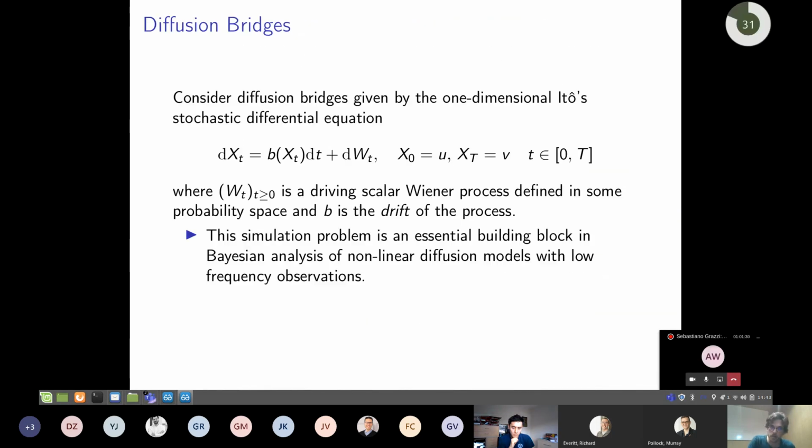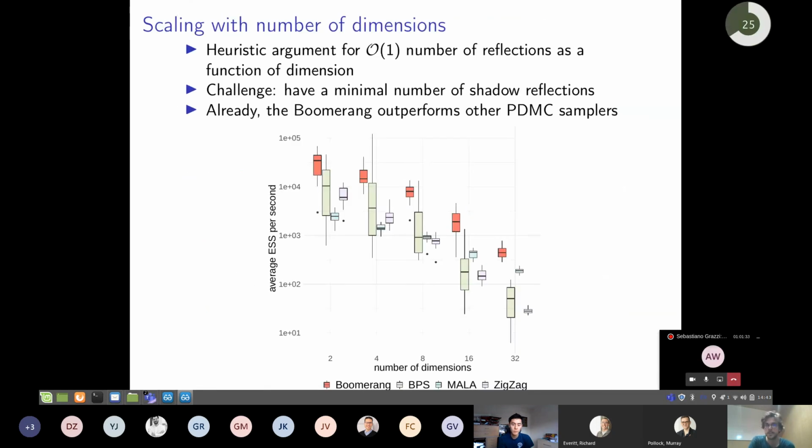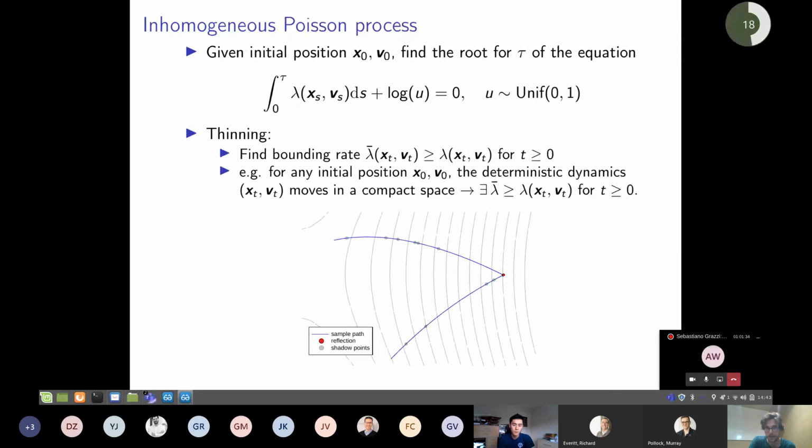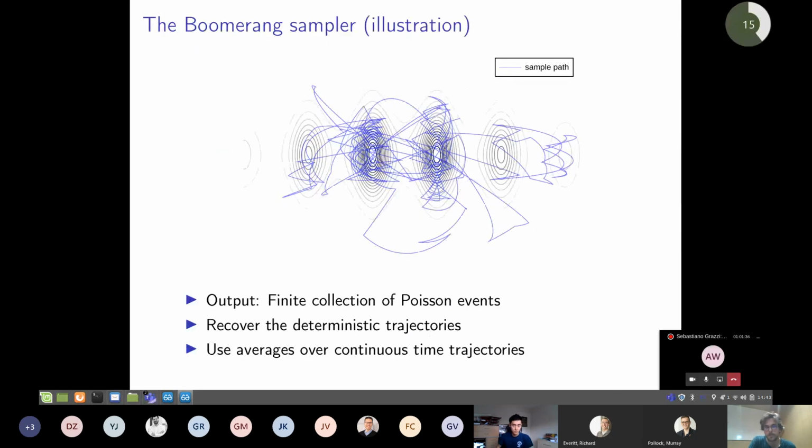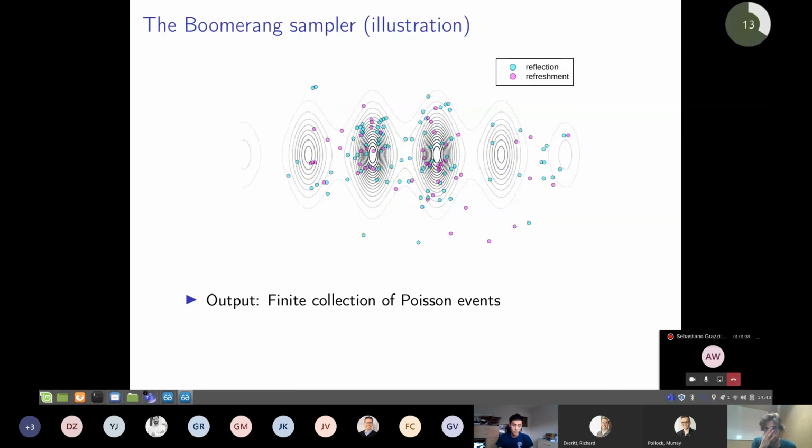This aspect we really didn't study in detail theoretically, but if you don't take any refreshment, then for example, if you take the potential to be 0, so you want to sample from a Gaussian measure, then what happens with the Boomerang sampler is that it starts having this elliptical dynamics and is not exploring the space.